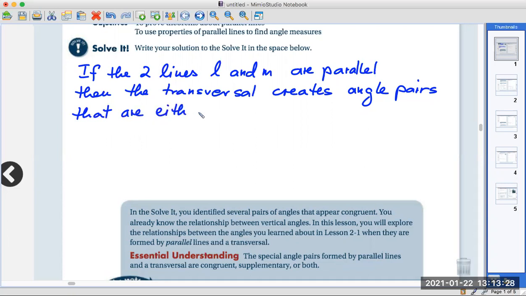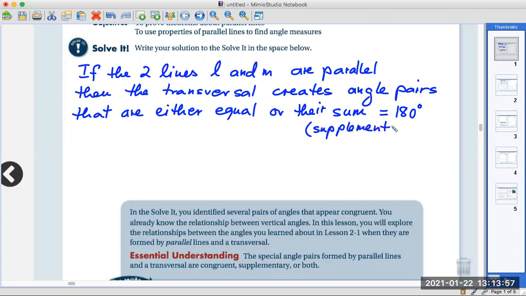Either they're equal or their sum is 180 degrees. And remember, that's called supplementary. So those are the two choices. Either the angle pairs are equal or their sum is 180.